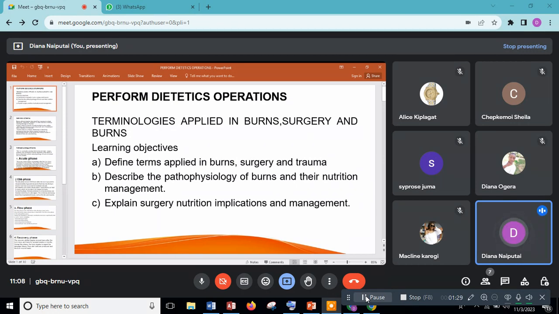By the end of the lesson, you should be able to define the terms applied in surgery, trauma and burns. Also, you'll be able to describe the pathophysiology of burns and their nutrition management. You should be also able to explain the surgery nutrition implications and management.